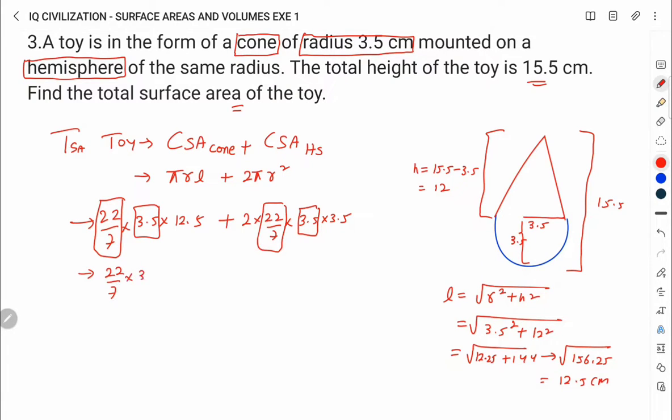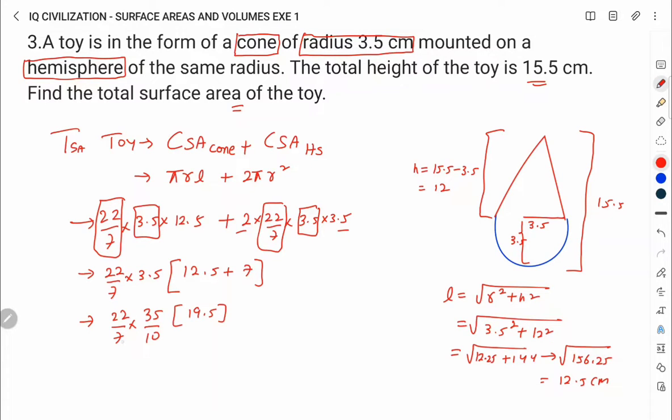22 by 7 into 3.5 common. So I will get 12.5 plus 3.5 into 2, which is 7. So here this is 22 by 7 into 3.5, that is 35 by 10, into 12.5 plus 7, which is 19.5.